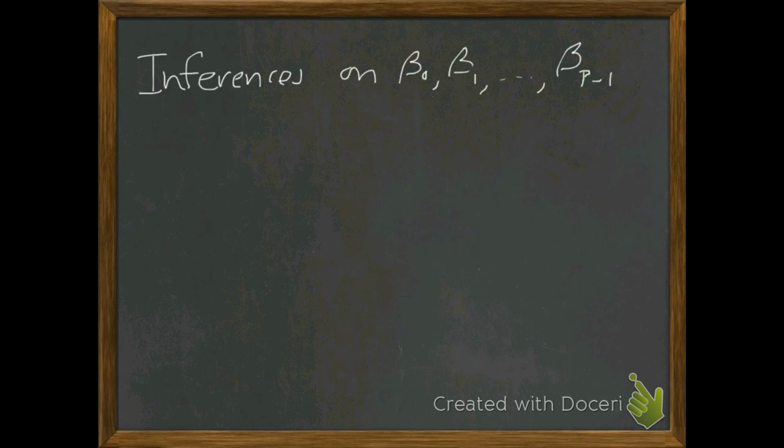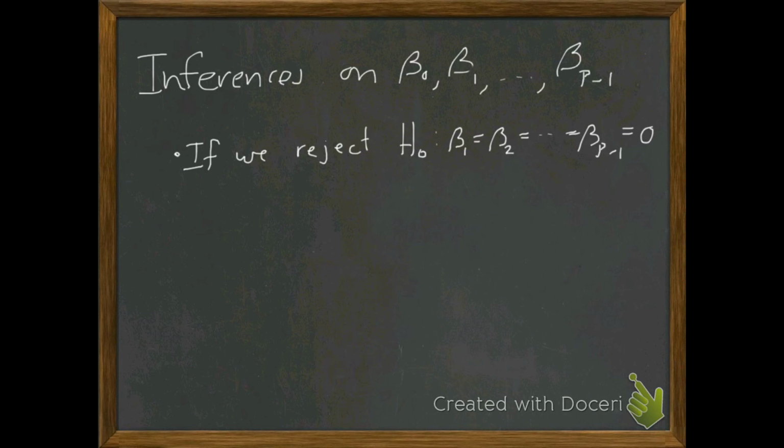And what I want you to think about here, first of all, if we reject using our F statistic, if we reject that, then we're saying at the end of the day that at least one of the beta sub i's is not equal to 0 and is a statistically significant predictor.